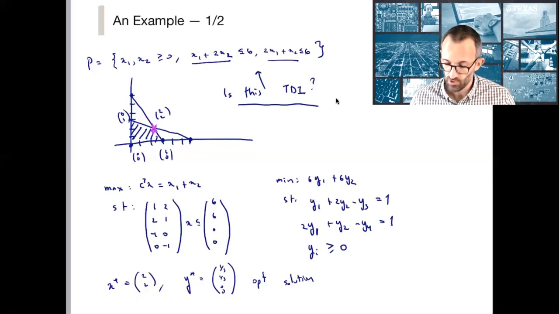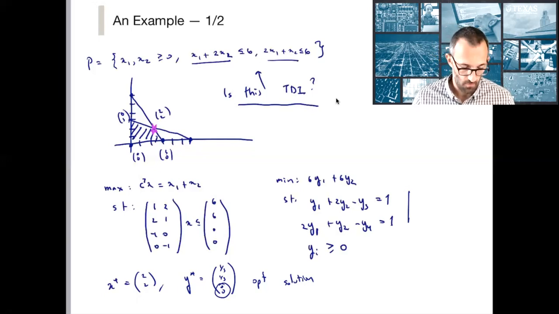And we can also check that it's indeed a corner point, because I have two tight constraints there, and of course these two tight constraints. So I have 4 independent tight constraints. So this non-integral solution is an extreme point. So that means that this Ax ≤ b is not TDI.